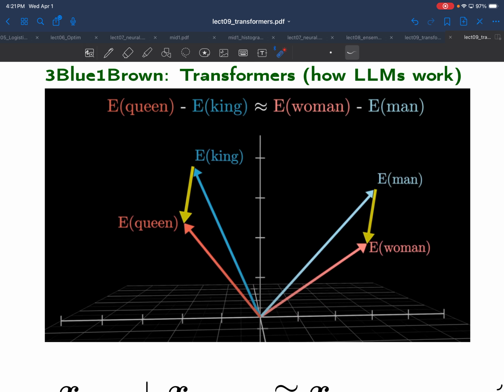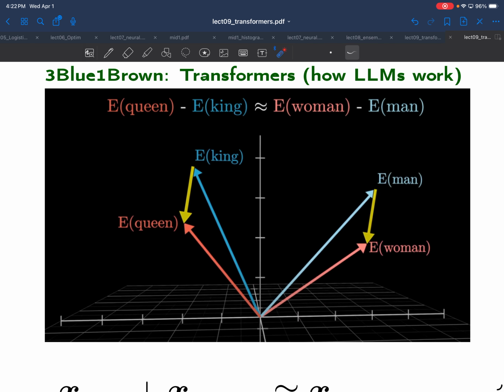These embeddings are usually in a pretty high dimensional space. This picture is looking at things squashed down to 3 dimensions. There are ways you can do that, like PCA, which we'll probably talk about in the next unit. This picture is just to give you the flavor of how these embeddings look. So here we have king and queen, and then if you embed man and woman, you might get these.